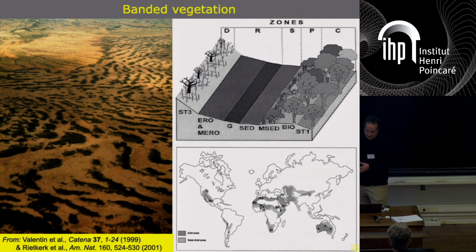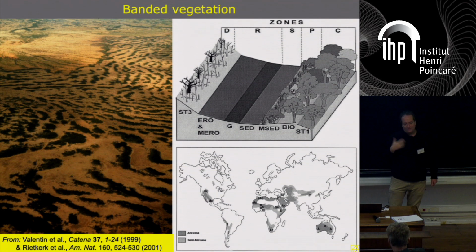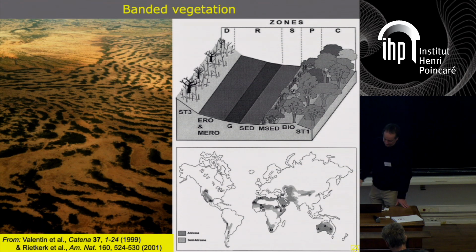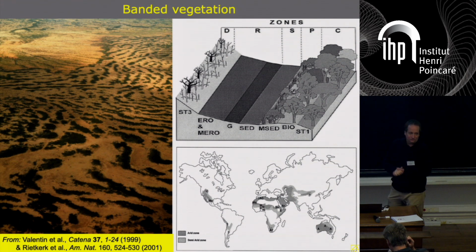And so for these reasons, it's quite easy for water to infiltrate under vegetation, whereas in the bare areas you can easily have the formation of either physical or biogenic crusts, so infiltration is heavily reduced. In particular, in drylands you have cyanobacteria, which can form quite impermeable mats of organic material which prevent water from infiltrating.